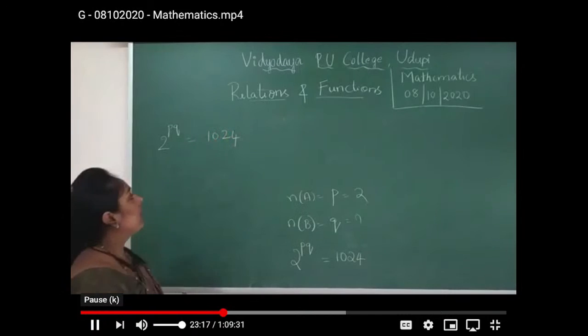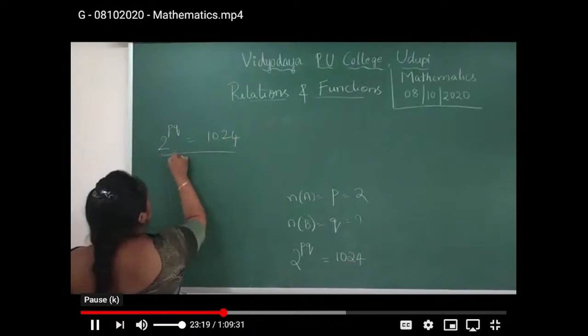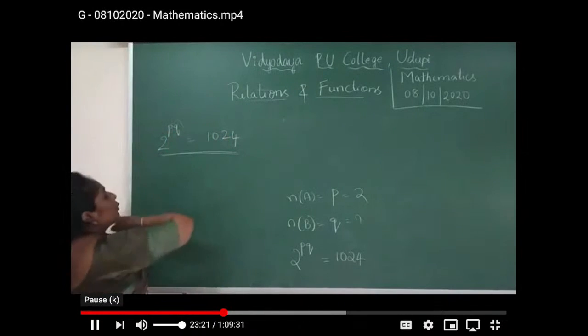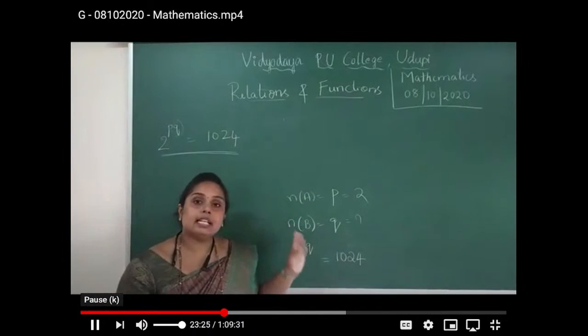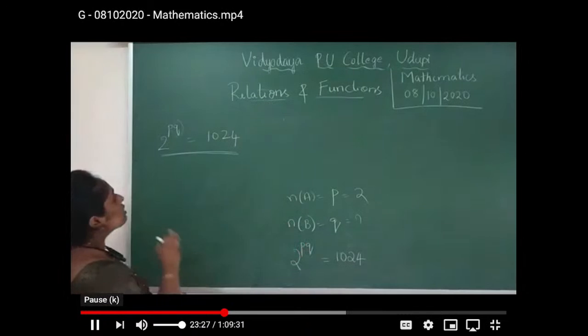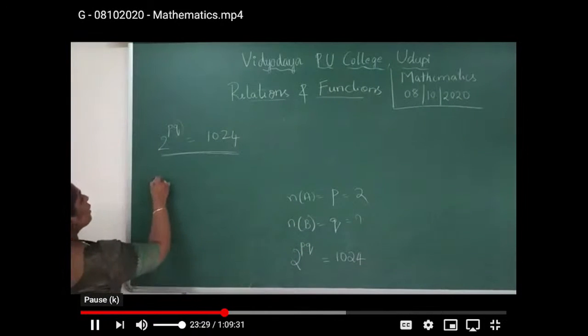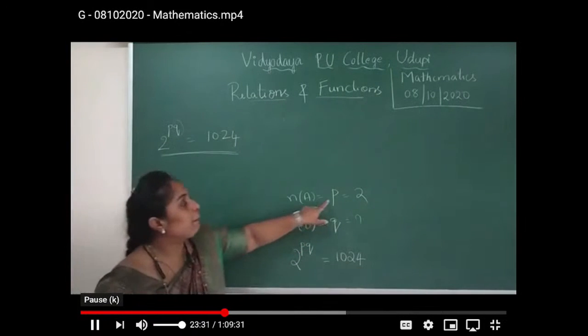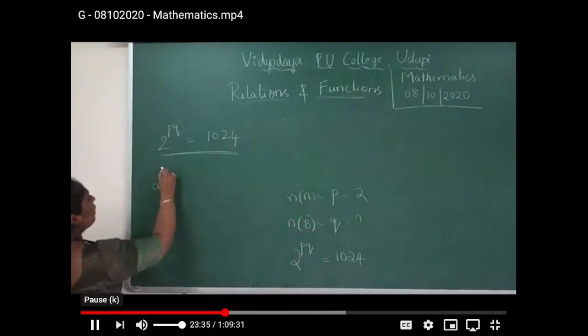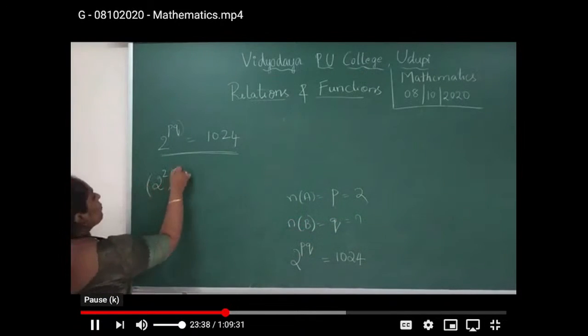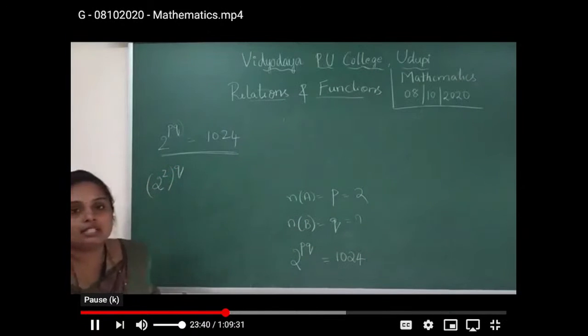This is given. Using this condition only, I can find the value of Q, the number of elements in set B. So how can I write this? 2 to the power P, P is 2, we know that, so 2 squared whole to the power Q. Can I write like this?